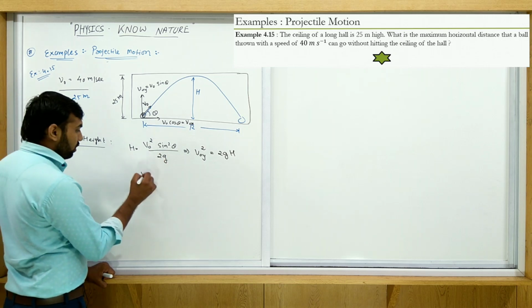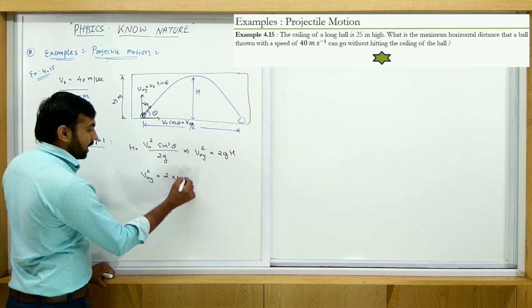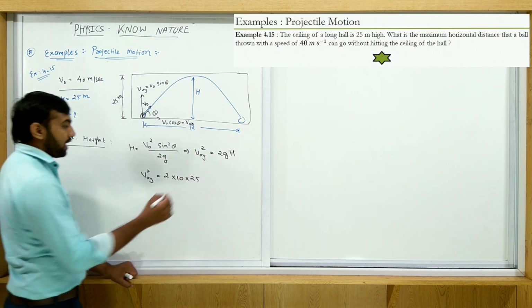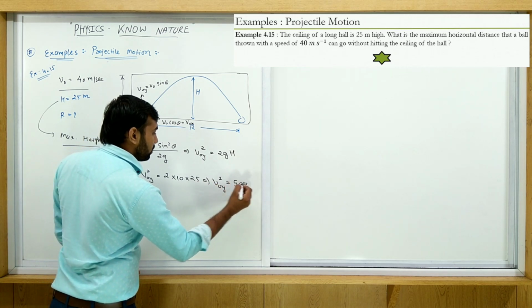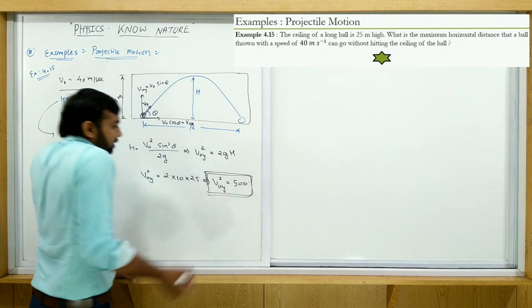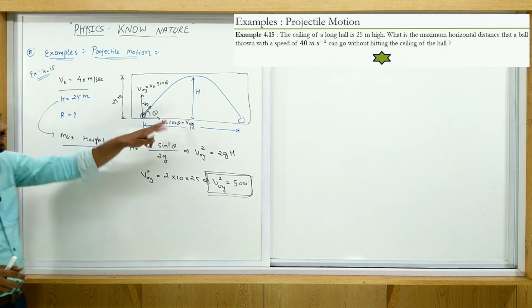Okay, so put all the values. v0y squared is equal to 2 into 10, into the height, how much is it? 25. So 25 times 20, that is 500. So v0y squared is equal to 500. So that is the first data. We can find something. Okay, v0 is given, so v0x is also known.